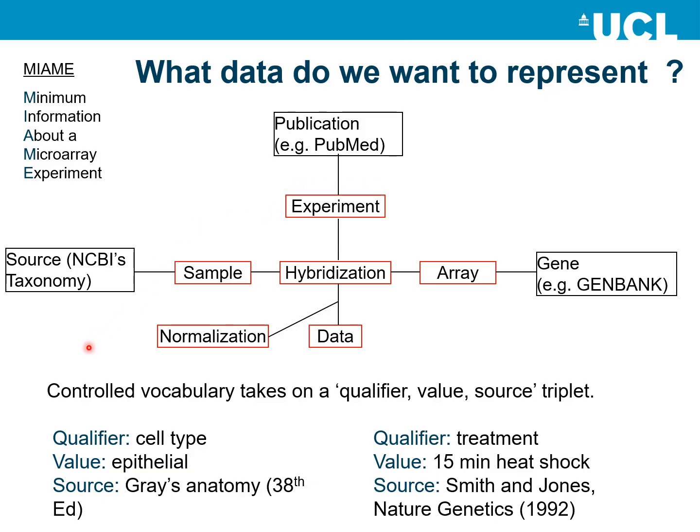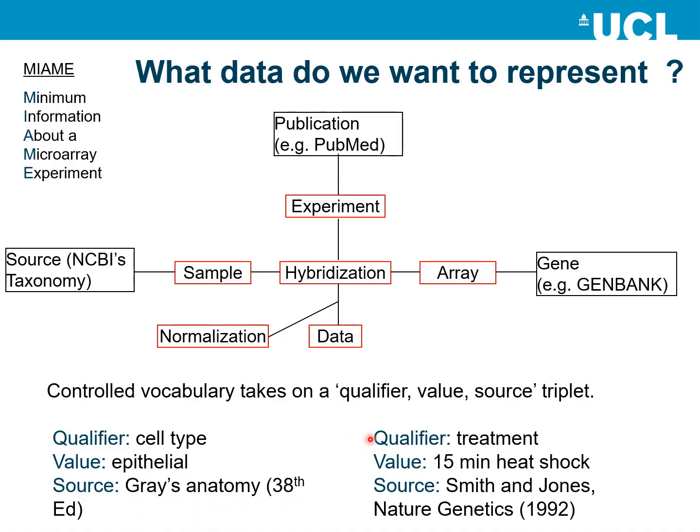For instance, the MIAME standard suggests, when using controlled vocabulary, that it takes a qualifier-value-source triplet. You have a qualifier which tells you what the thing is, like cell type, then you have the value, epithelial, which is a type of cell, and then you have the source of the annotation. In this case it's actually a book, Gray's Anatomy 38th edition.